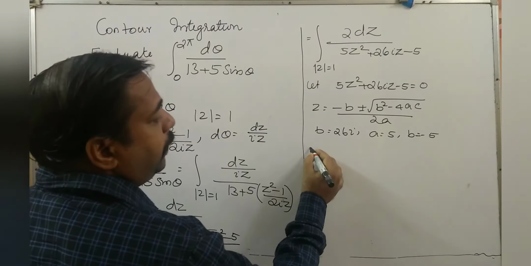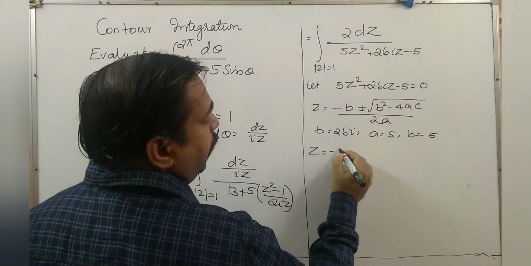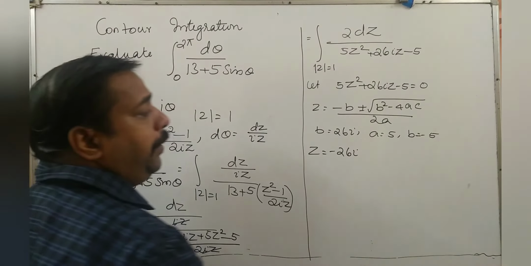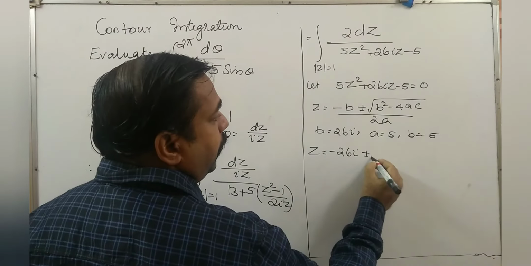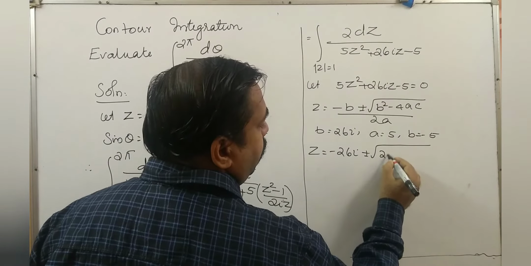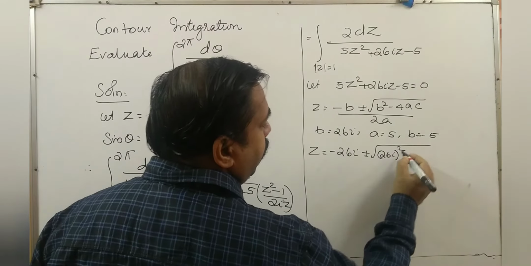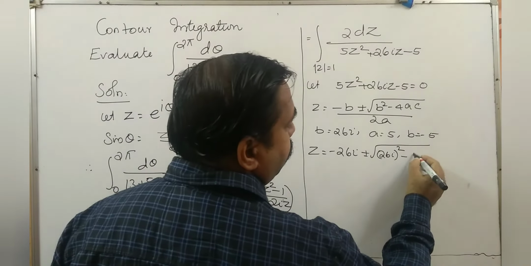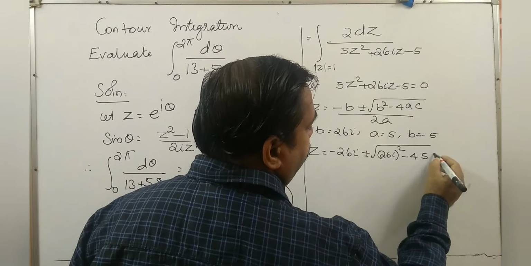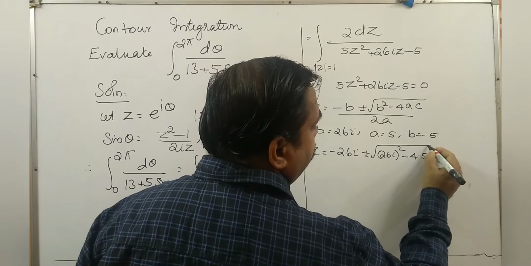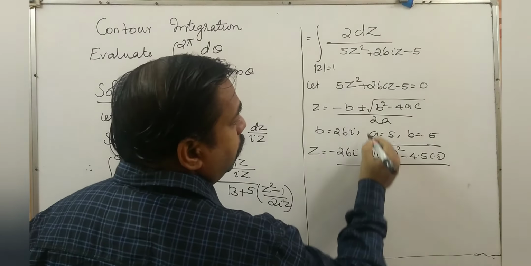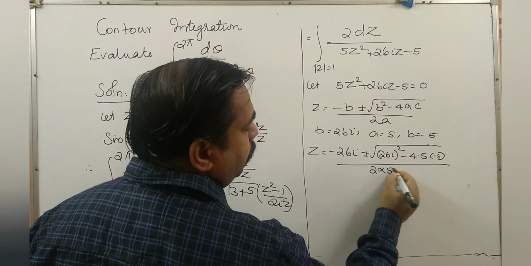So substitute here, that is z is equal to minus 26i plus or minus root of (26i) whole square minus 4 into 5 into minus 5, everything inside the root. Then 2 into 5.